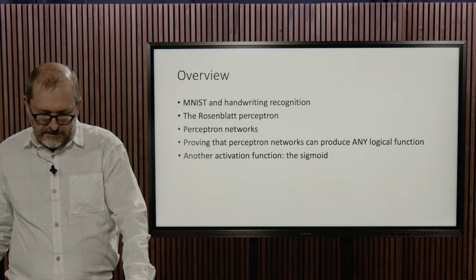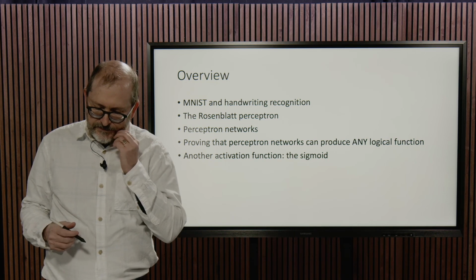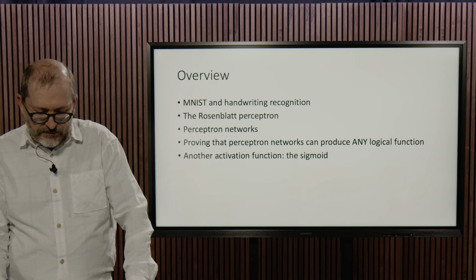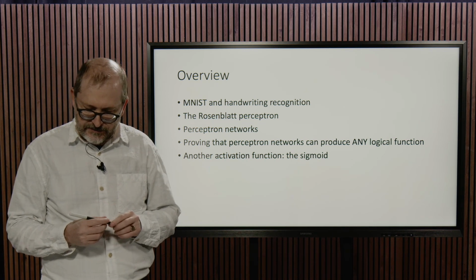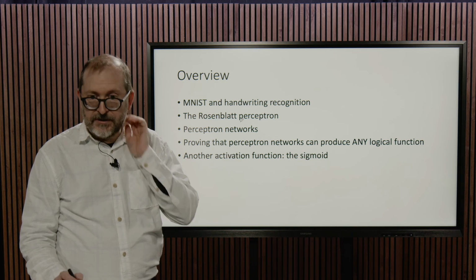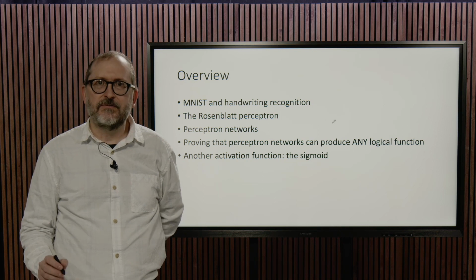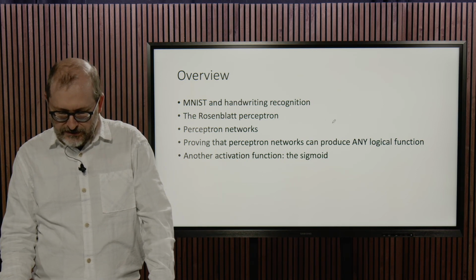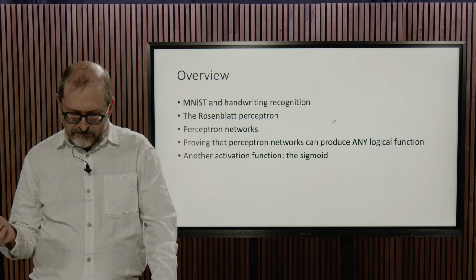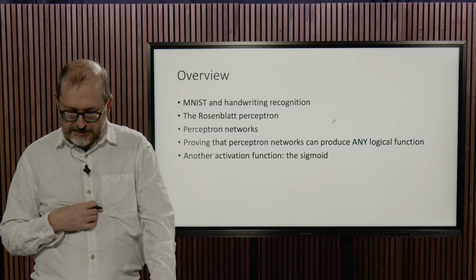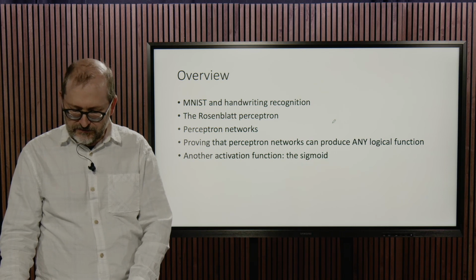So we're going to talk about MNIST, a large handwriting sample data set, and how we can learn to recognize those digits, or any digits trained with this data set. We're going to talk about the Rosenblatt Perceptron, which basically set the foundations for neural networks. We're going to talk about how we can put perceptrons into networks, and then prove that perceptron networks can implement any logical function.